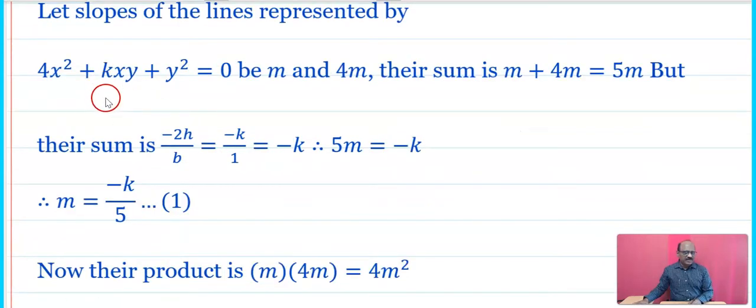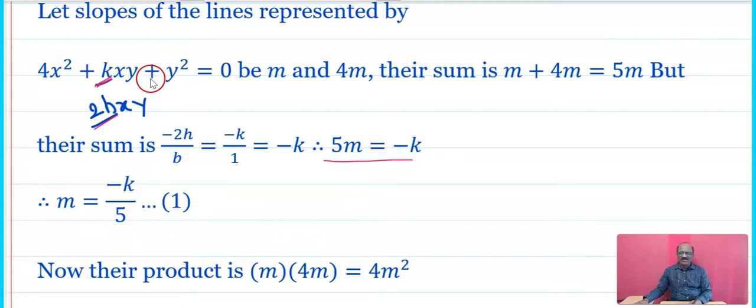If you compare, we always have 2hxy here, and comparing, the value of 2h is k. So 2h = k, and with the minus sign, that is -k/1, which is -k. Therefore the sum of the roots, m1 + m2, is 5m. Therefore 5m = -k, and m = -k/5.